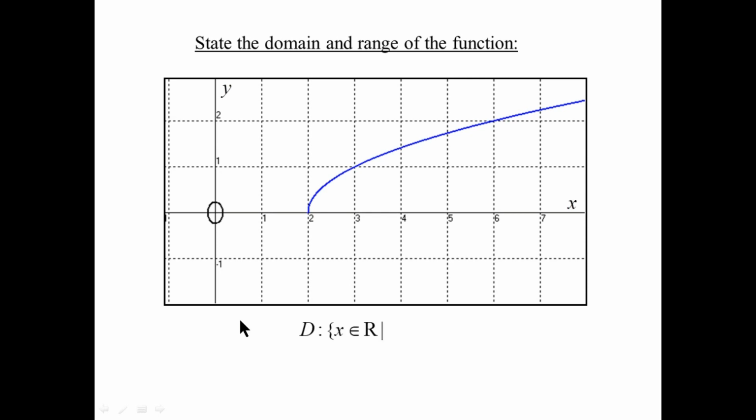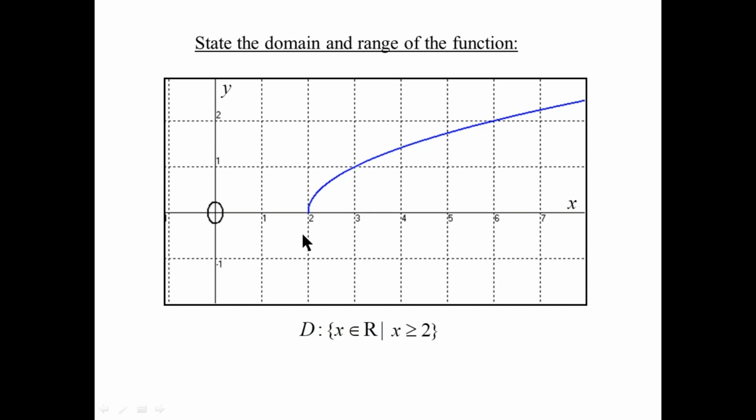The domain is the set of x is in real numbers such that. That's what these symbols mean. And now in conversation, x is just all these numbers along this blue line, which is all the x numbers that are bigger than 2. So we could say x is greater than or equal to 2.